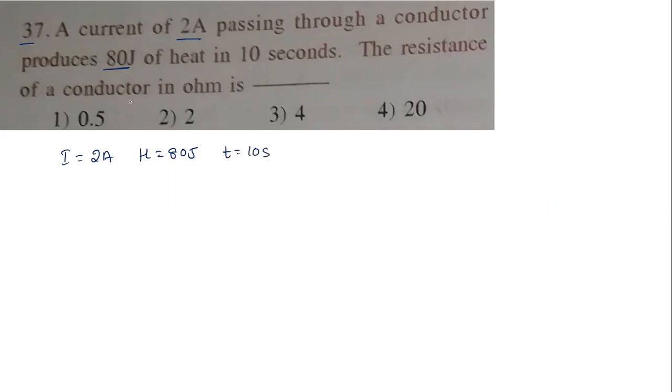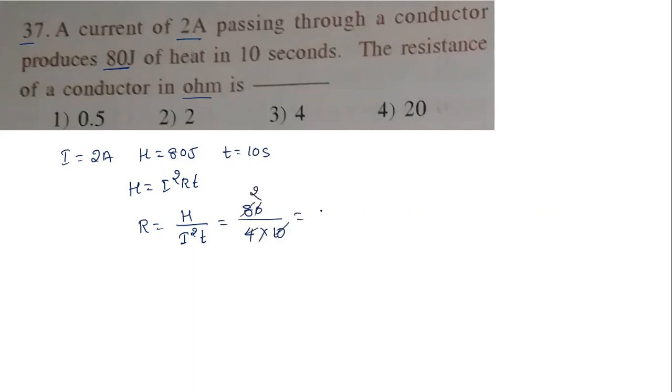Then the resistance of the conductor in ohm is asked. The formula is H equals I square R T, because we know I and T, and H is given. We need to find R, so R equals H divided by I square times T. H is 80 joule divided by the current 2 ampere, I square is 4, into 10 seconds.